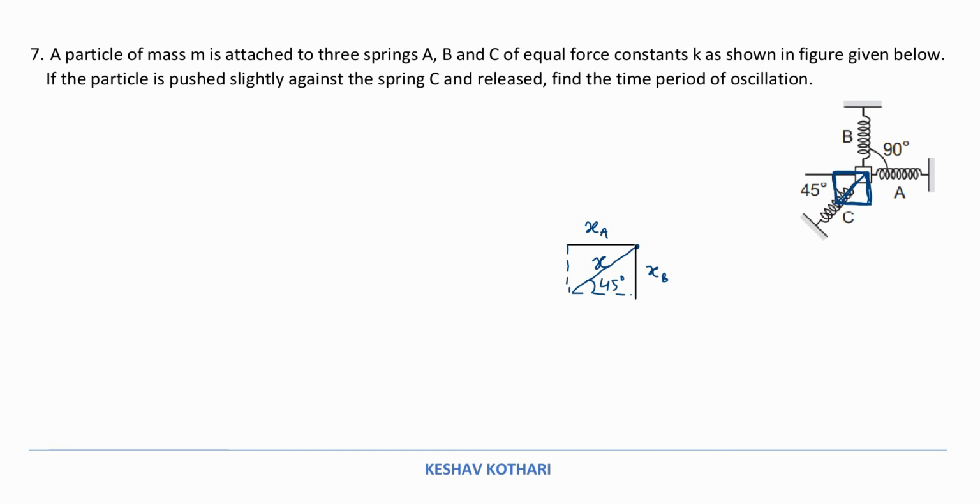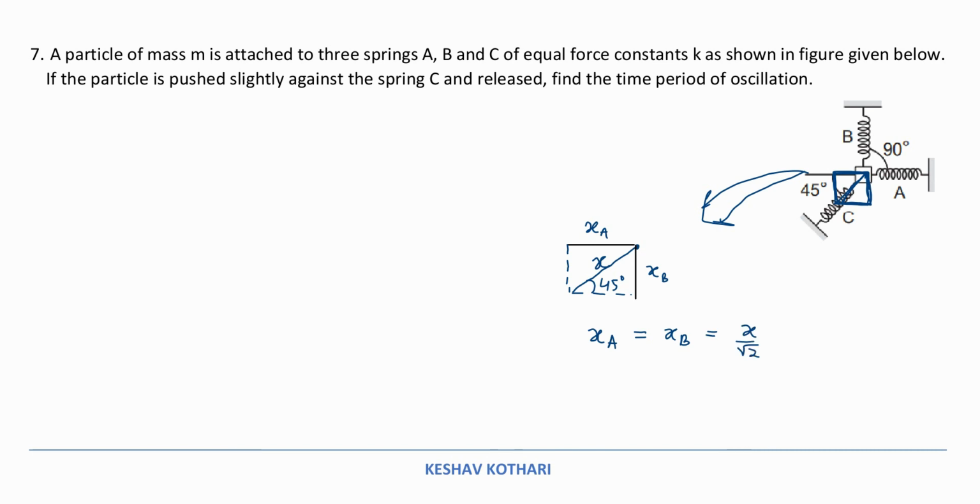So we have drawn this square, or rectangle. It will be a square because this angle is 45 degrees. So XA and XB are going to be the same, and it is going to be x by root 2.